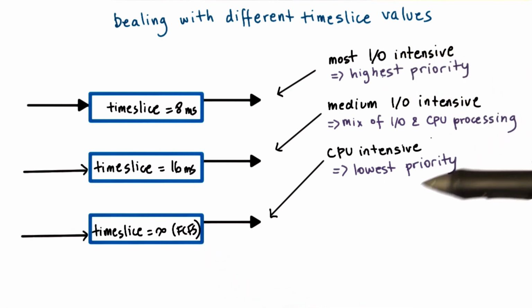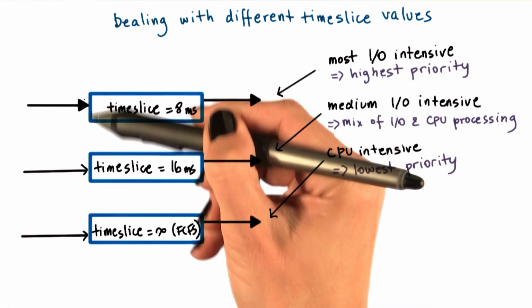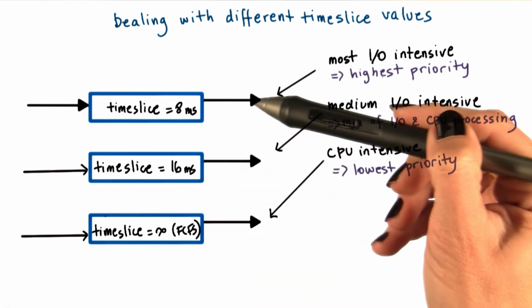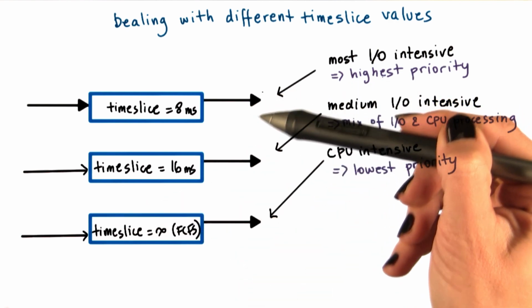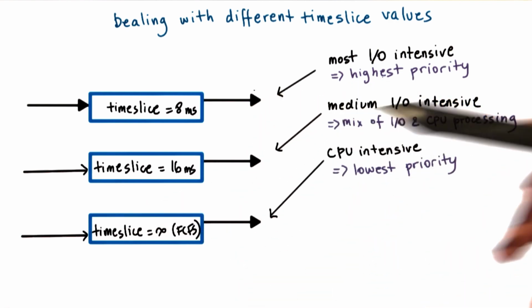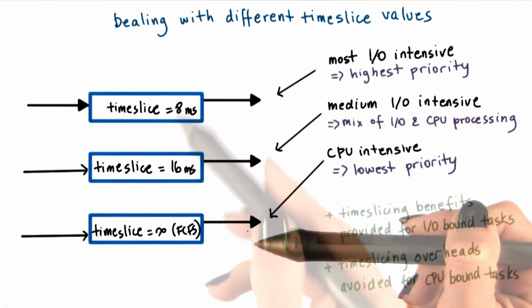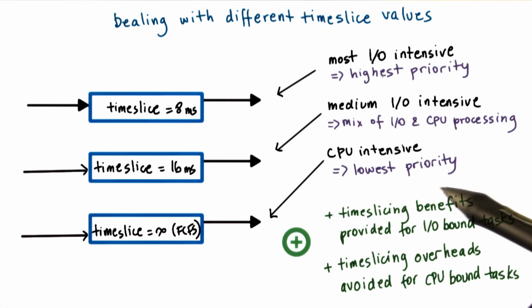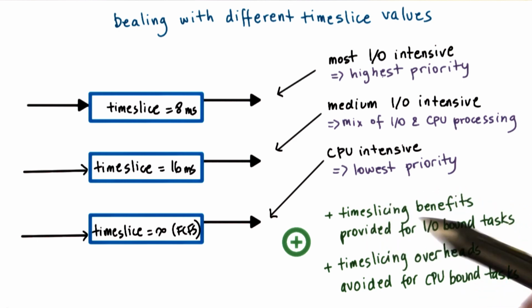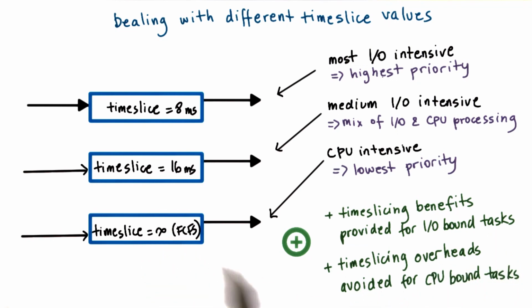So depending on the type of task that we have, we place it in the appropriate queue, and on the other side, the scheduler selects which task to run next based on highest priority, medium, and then lowest. So in this way, we both provide the time slicing benefits for the I/O-bound tasks and avoid the time slicing overheads for the CPU-bound tasks.